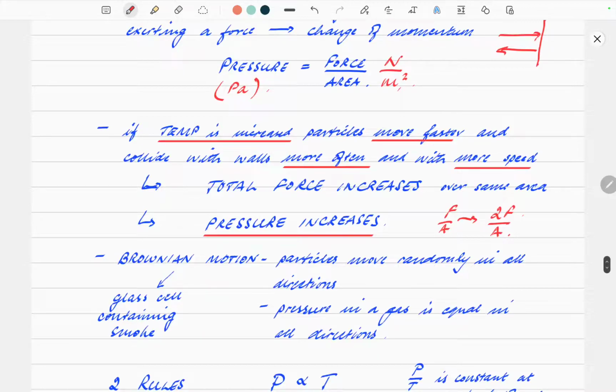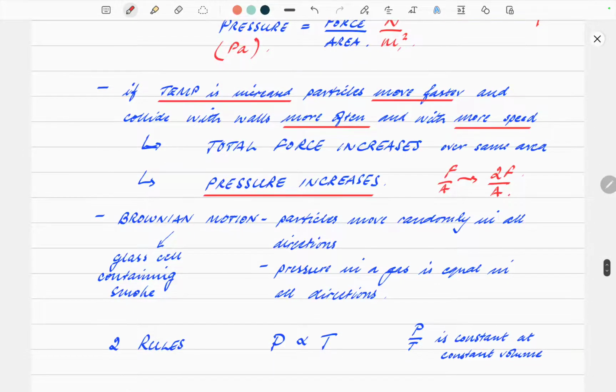Now, one aspect of pressure in a gas, due to Brownian motion, is that particles move randomly in all directions. And you remember the Brownian motion experiment or demonstration. In a glass cell, you've got smoke particles, and you look at it under a microscope, and they are whizzing around in all directions randomly.